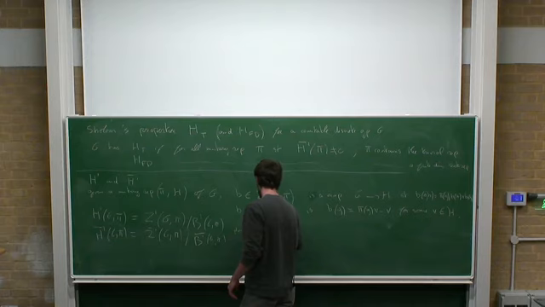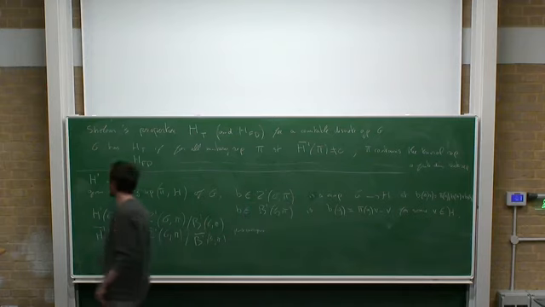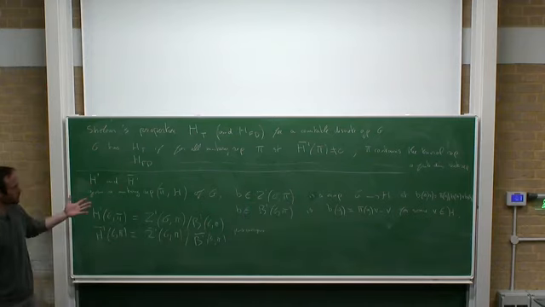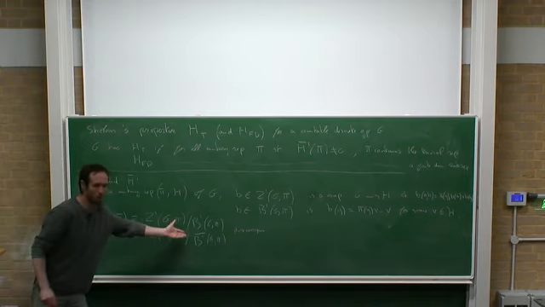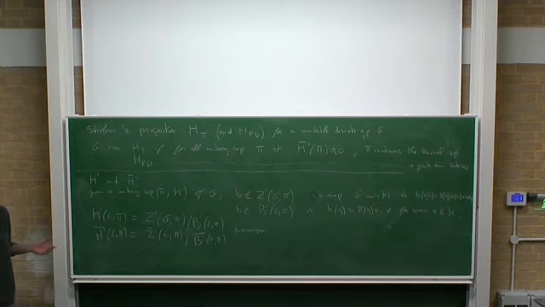Now, if you want to extend this definition to locally compact groups, you just have to assume that the representation is continuous for the strong topology, and that the cocycles are also continuous maps. And then the convergence here is the uniform convergence on compact sets.